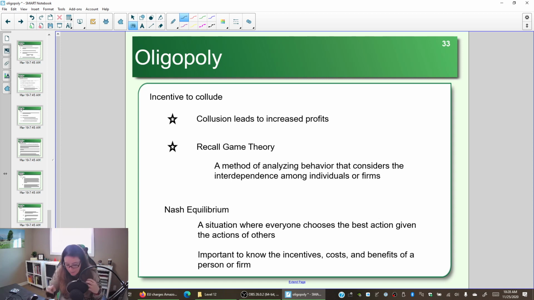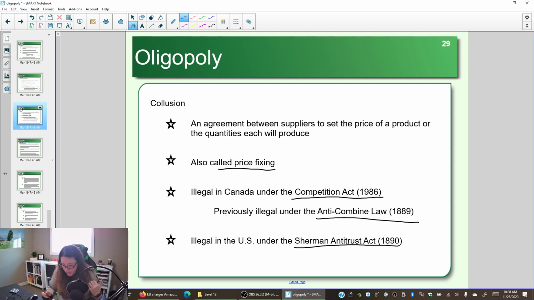So it does create this incentive to collude, and our solution has been to create laws against that collusion, okay, particularly price fixing, with the Competition Act in Canada and the Sherman Antitrust Act in the US. But it's the nature of the oligopoly itself that creates this incentive to collude.